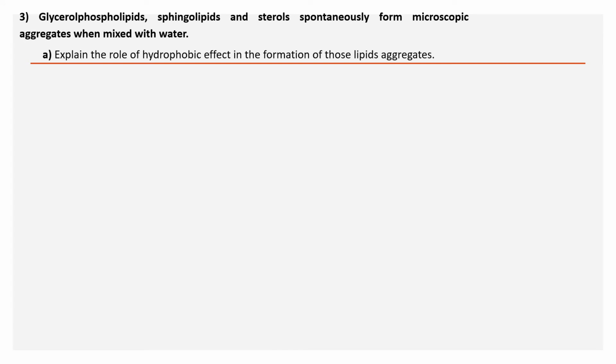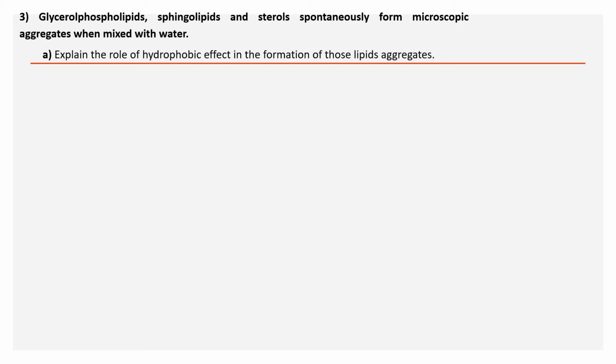3. Glycerophospholipids, sphingolipids, and sterols spontaneously form microscopic aggregates when mixed with water. A. Explain the role of the hydrophobic effect in the formation of those lipid aggregates. So again, it's just a definition, things that you just have to know. Aggregation causes the hydrophobic moieties to cluster together.